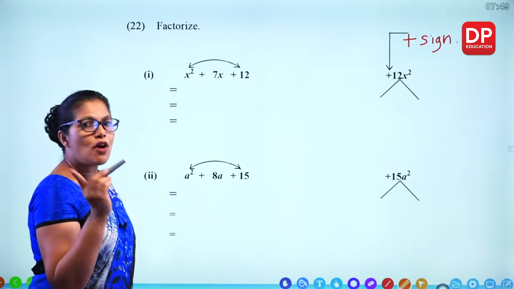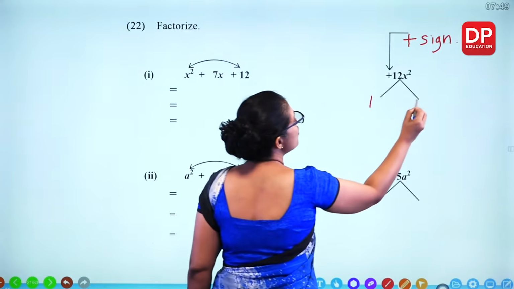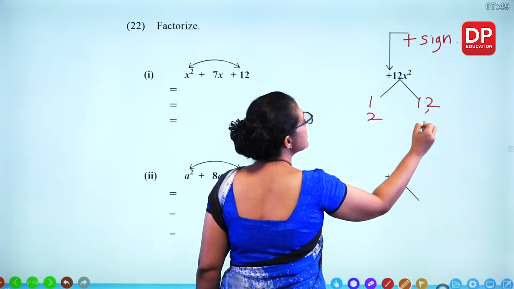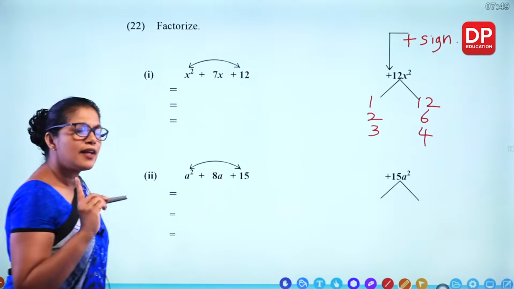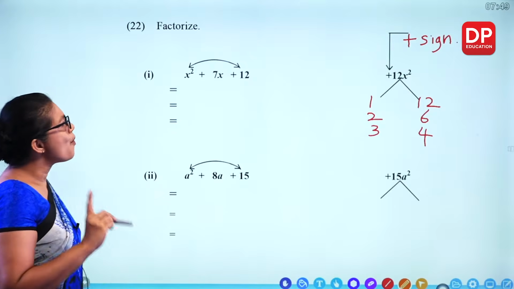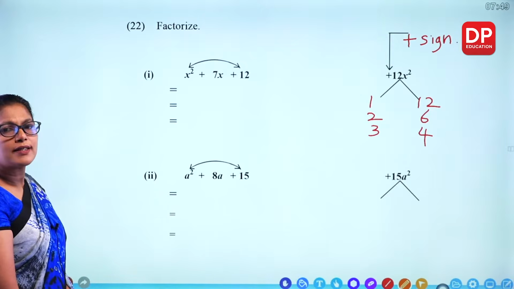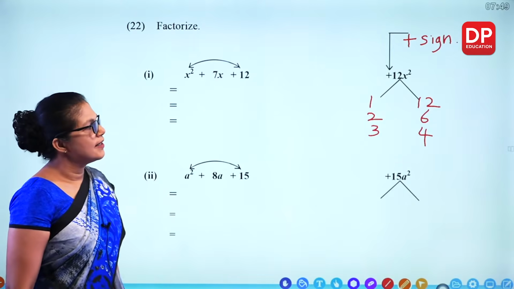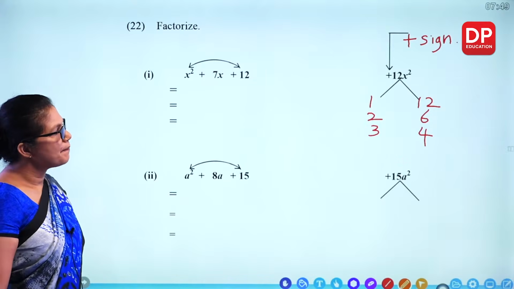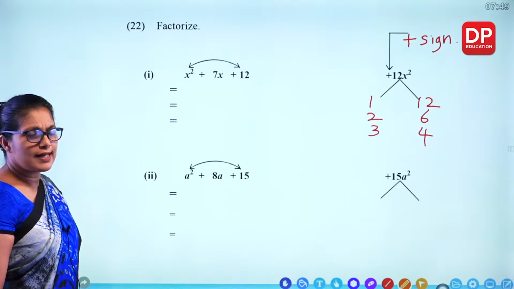What are the factors of 12? 1 into 12, 2 into 6, 3 into 4. Now select the appropriate factors. What's the suitable one to get 7? How can we split 7? 1 and 12, can you do that?